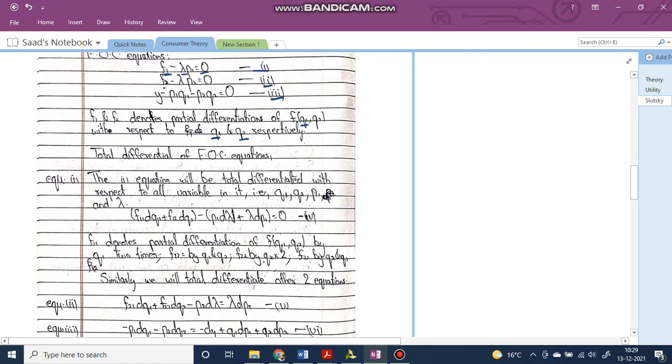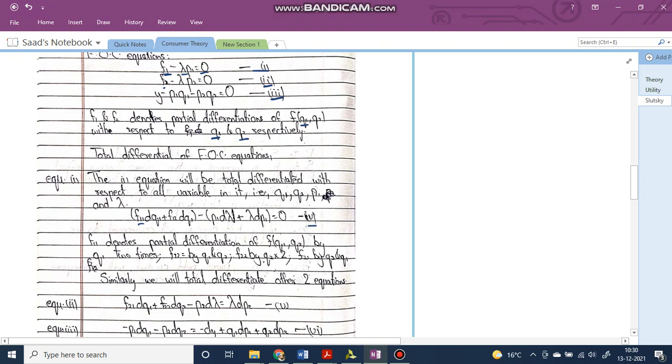Now we will totally differentiate our first order conditions. In first order condition, after total differentiation, we will get f11 dq1 plus f12 dq2 minus p1 d lambda plus lambda dp1 equals to 0, which is our first equation.